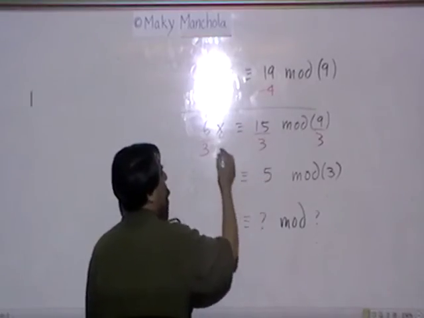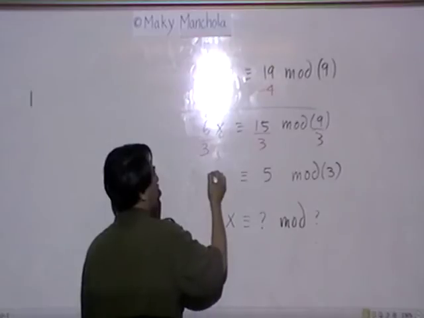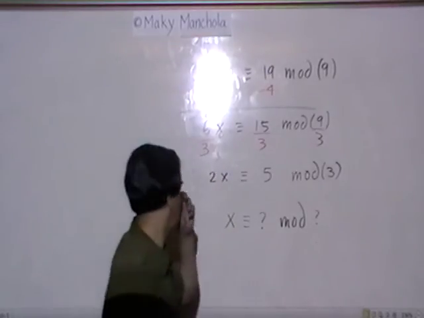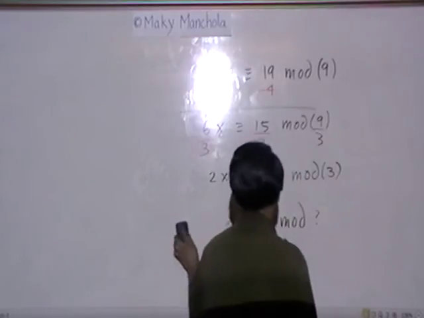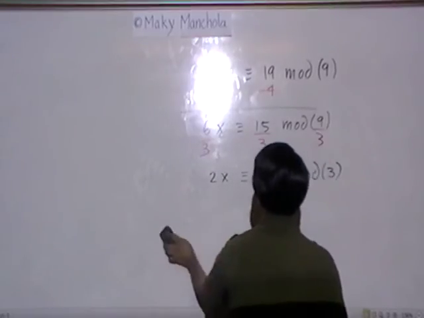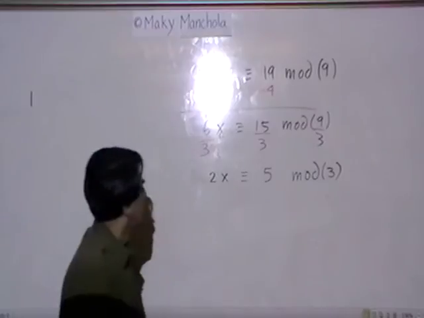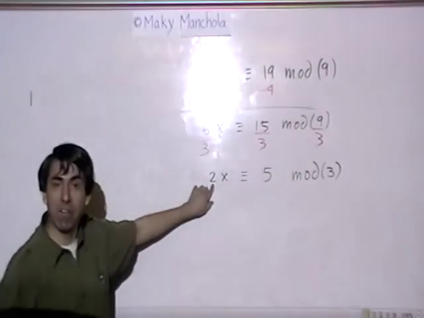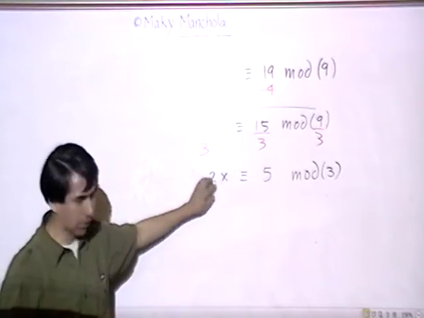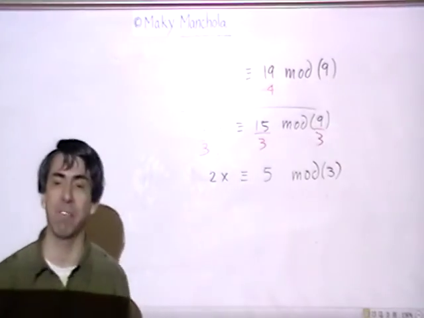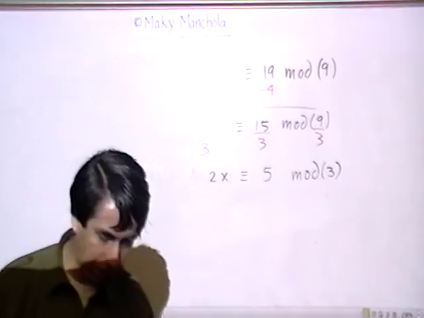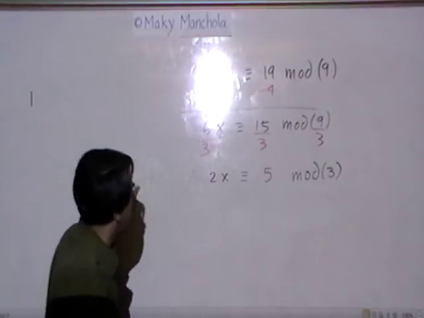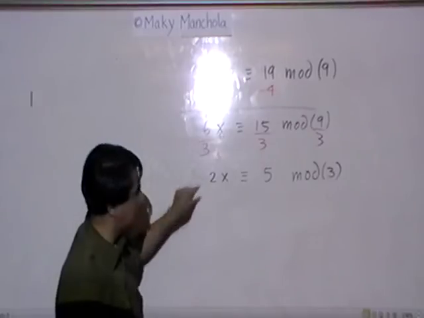15/3 becomes 5, and 6/3 becomes 2. So right now we have that 2x is congruent to 5 mod 3. We really want to have a coefficient of 1 for x so that we can claim that we have isolated x completely. Now the next task here is to figure out how to make this a 1.